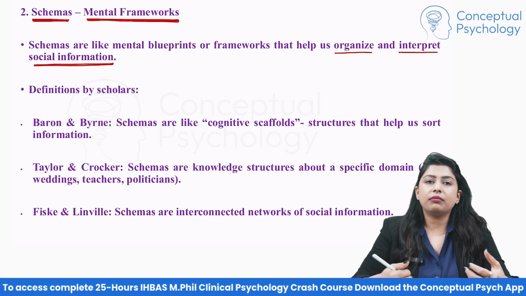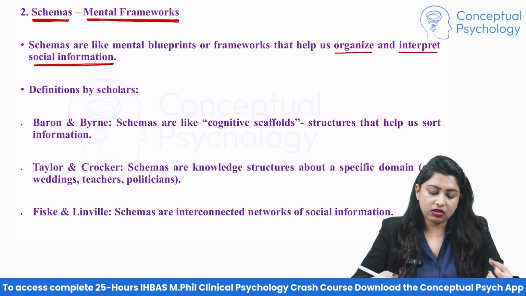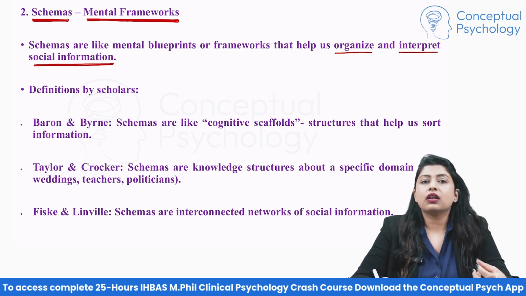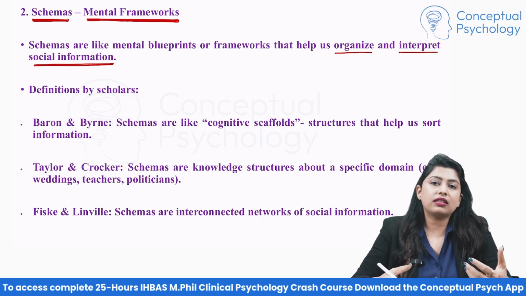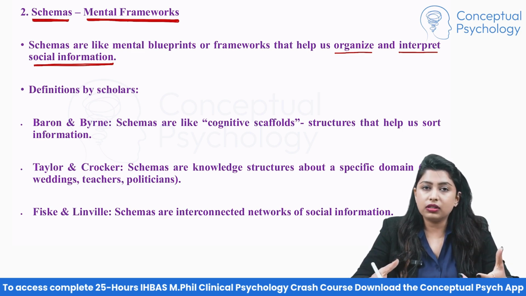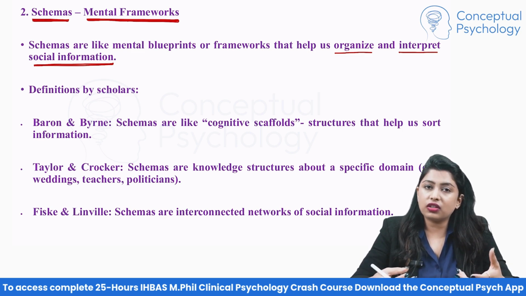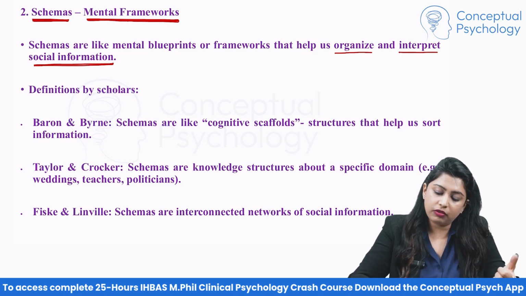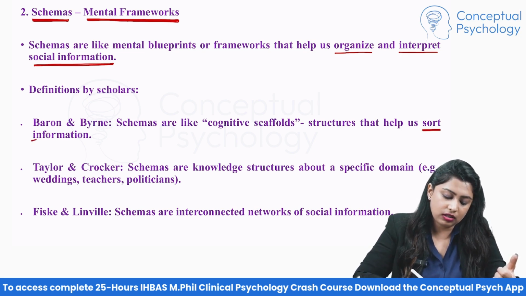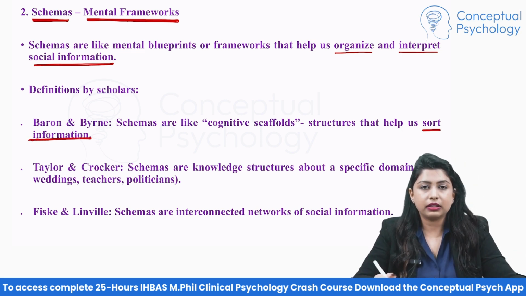So now there are multiple definitions of schema given by multiple researchers. So first is that schemas are like cognitive scaffolds. These are the structures that help us store information or that help us sort this information that we have acquired from our environment.